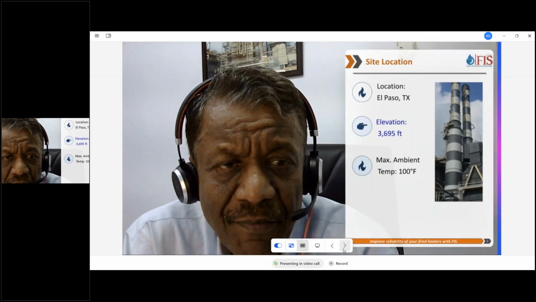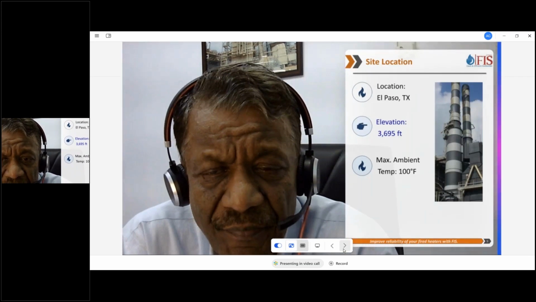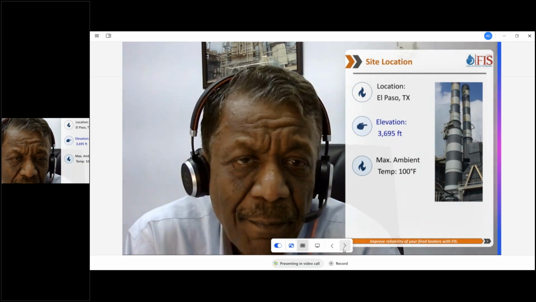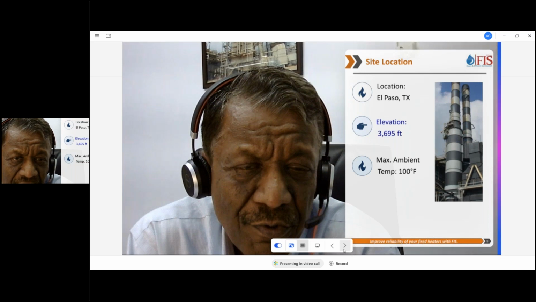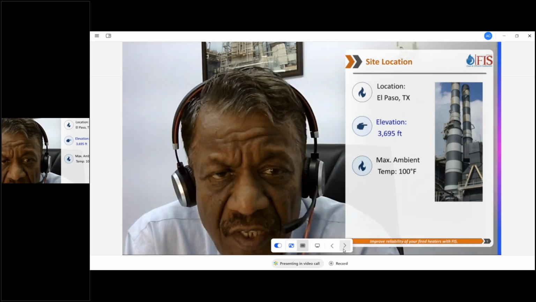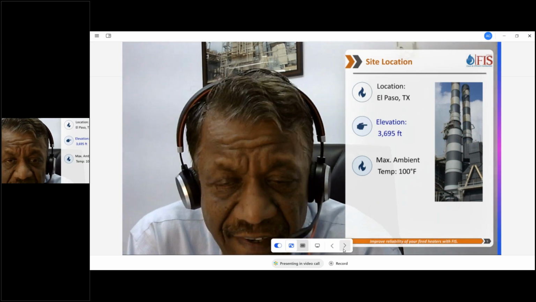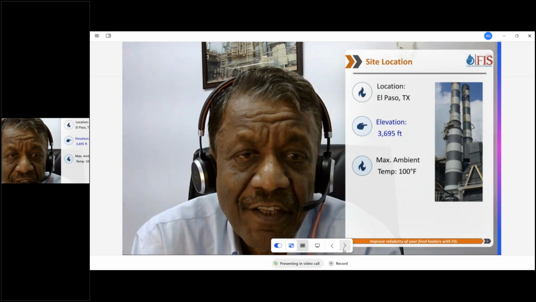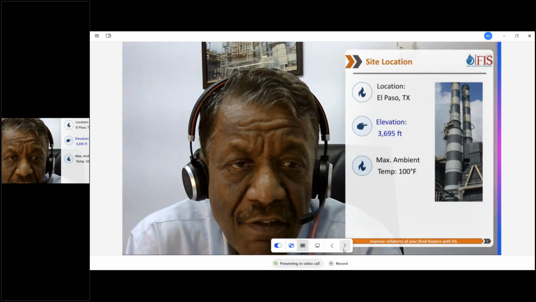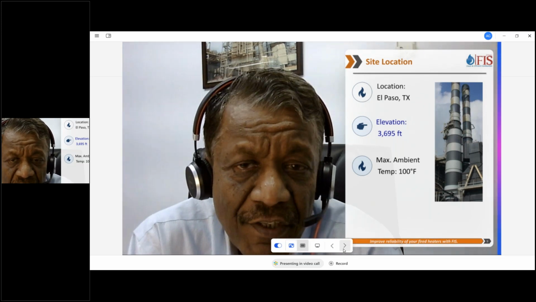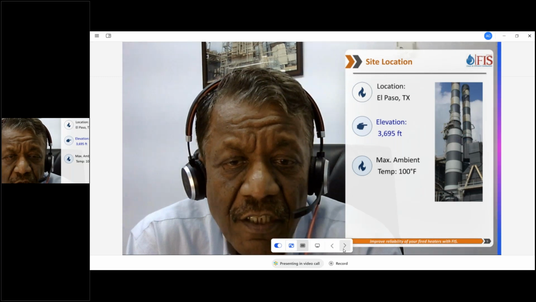Same thing over here, I selected a site, El Paso, and the reason I selected El Paso is about 3,500 feet elevation. One of the things which affect the fired heater design is the site elevation and also the maximum ambient temperature. These are the two parameters which control the stack design.